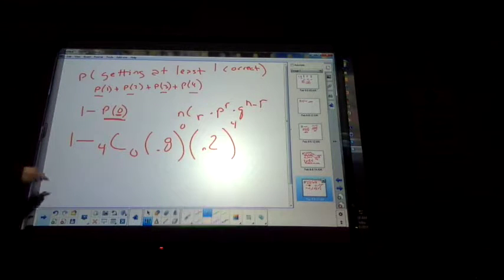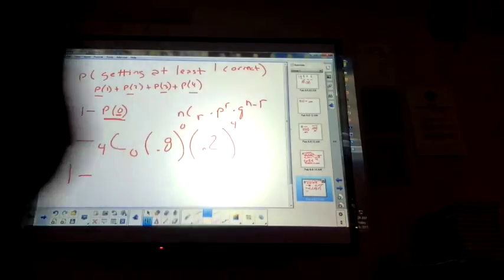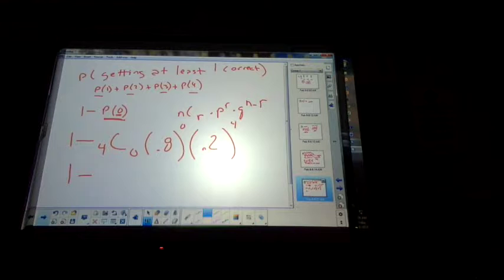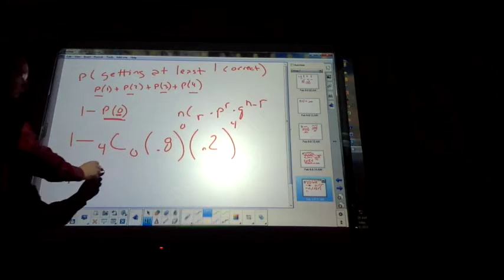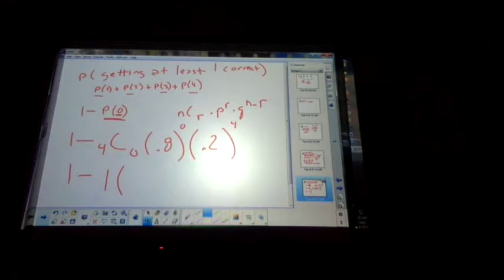So on the calculator, I'm going to go 1 minus. What does 4 choose 0? That's right. It's 1. What is 0.8 raised to the 0 power? 1.